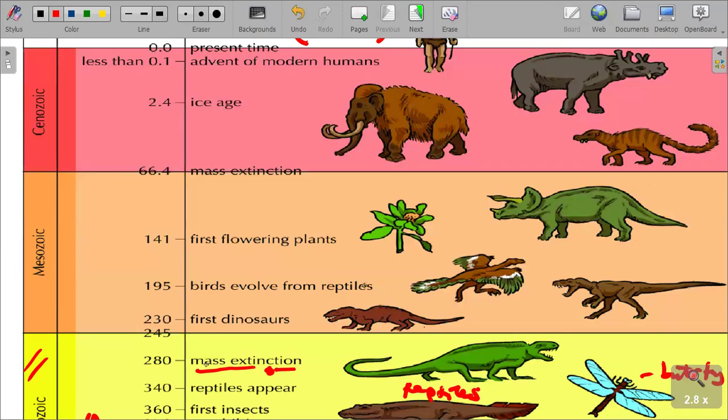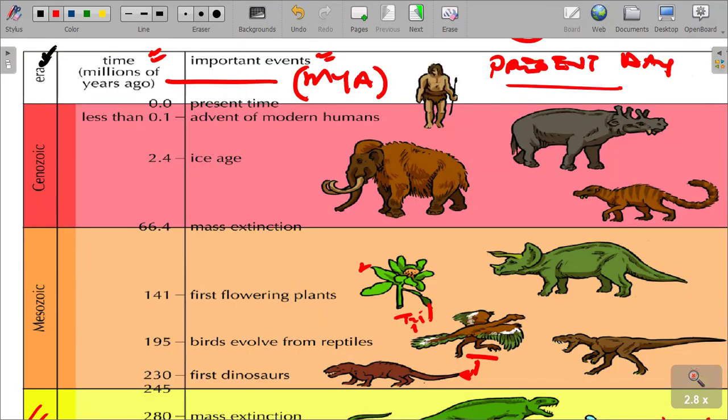Birds evolved from reptiles, from the dinosaur. That is why birds look like they have a tail-like structure. And then the first flowering plants appeared 141 million years ago, which is one other thing that we can talk about.